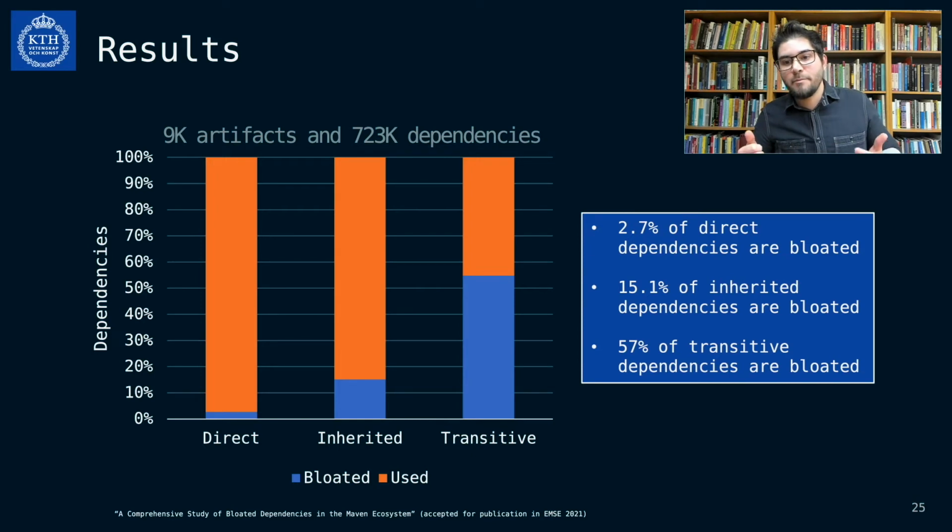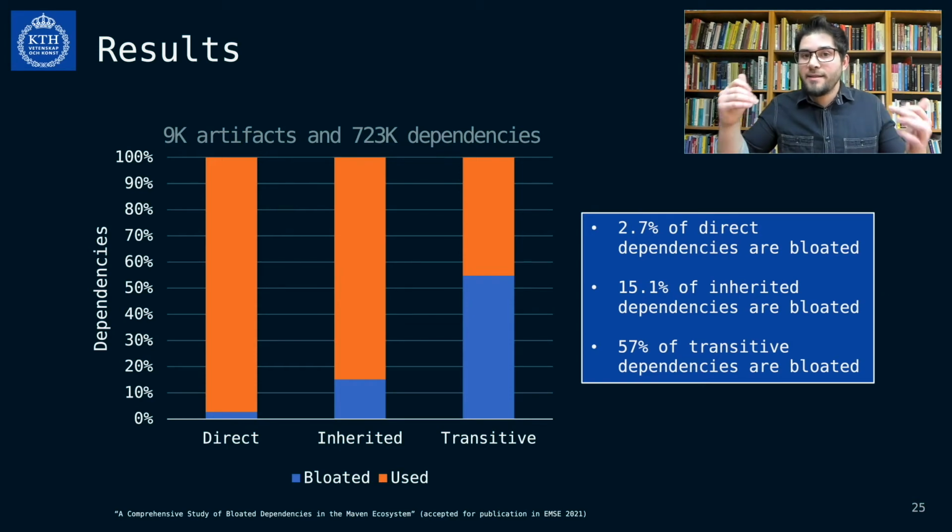This is surprising because those are explicitly declared dependencies in the POM of Maven projects, which means that 2.7% of the dependencies that are declared in the POM are actually not necessary to build those projects. On the other hand, we found that 15.1% of the inherited dependencies are bloated. This means that there is a lot of dependency bloat caused by the Maven inherited dependency mechanism.